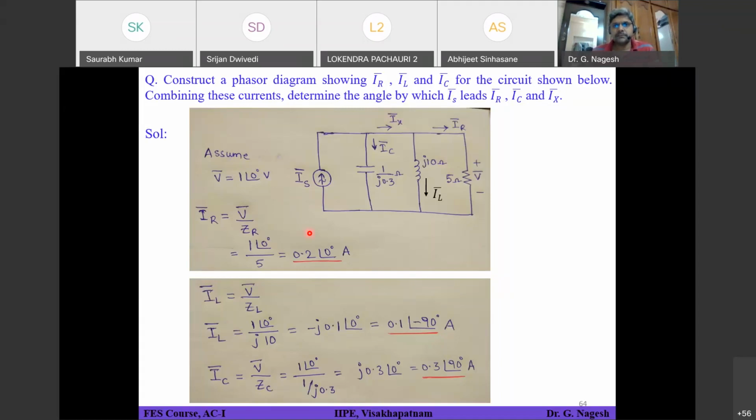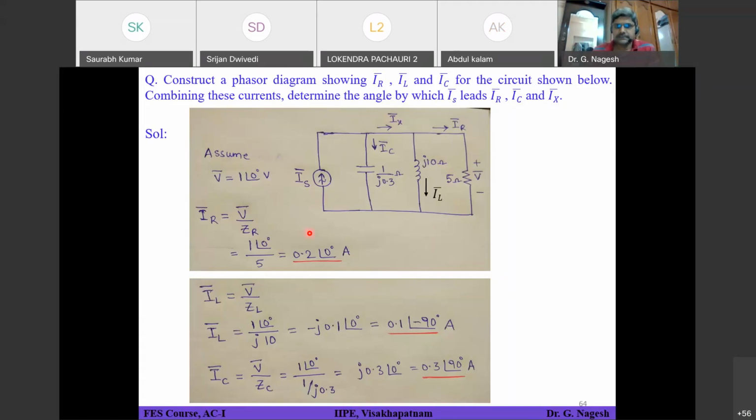Converting into polar form, IX is equal to 0.223 at an angle of minus 26.5 degrees.